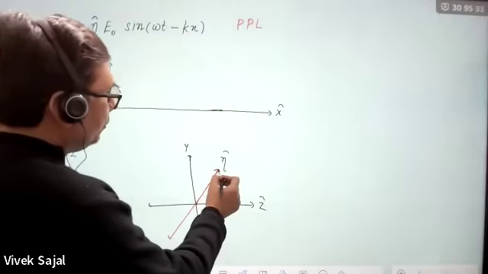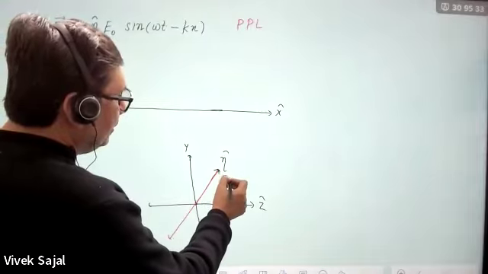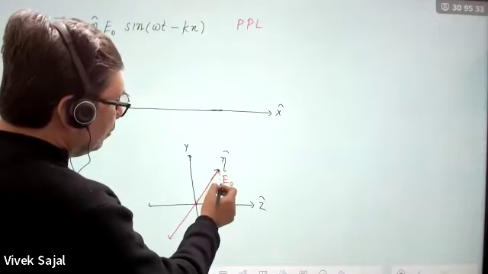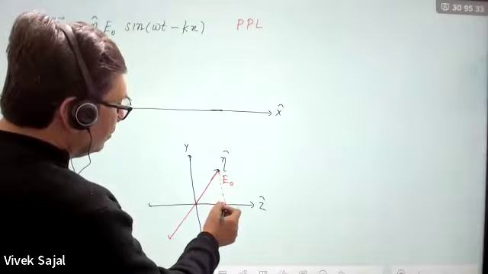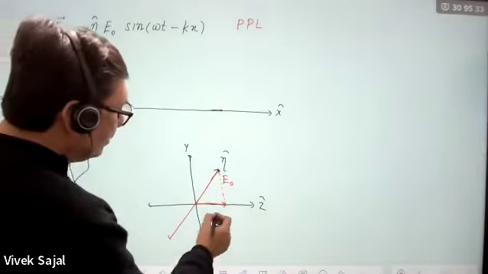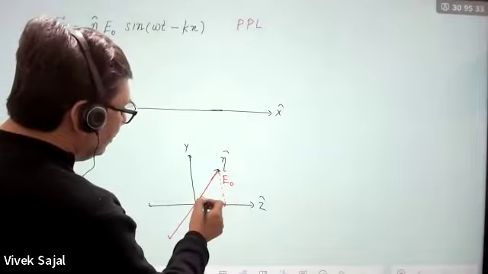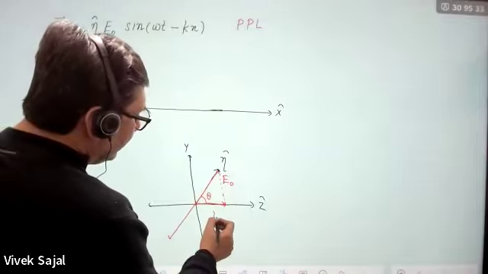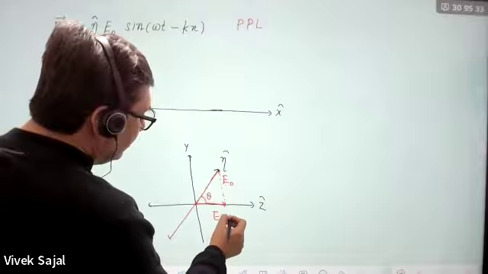What is its amplitude? Its amplitude is E naught. So I can resolve this along this. One component will be along the z cap direction. Suppose this is theta, so I can write it as E naught cos theta.